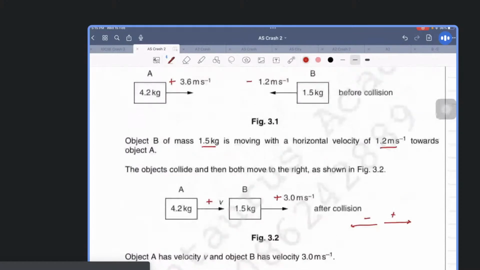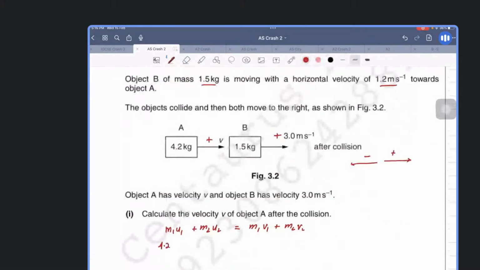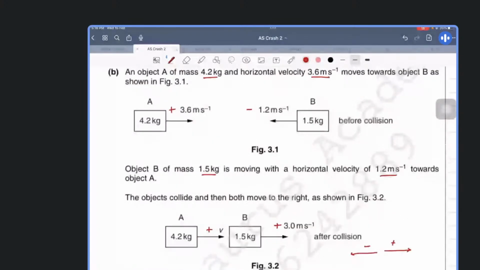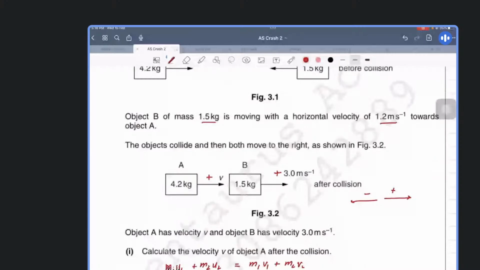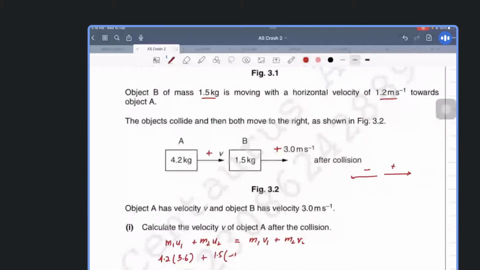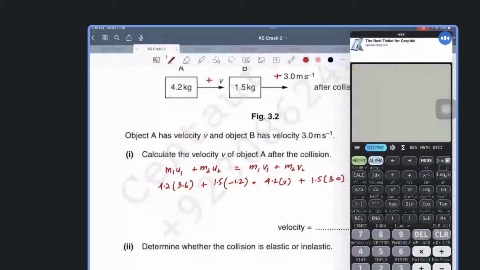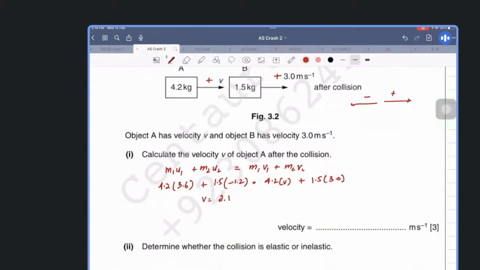So 4.2 times 3.6, then plus 1.5 times minus 1.2, and then afterwards it's 4.2 times V plus 1.5 times 3. So then let's try and do this. 4.2 times 3.6. It's 2.1. Okay, so V will be 2.1 meters per second.